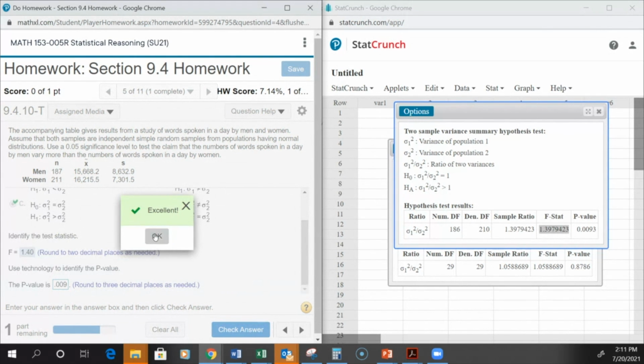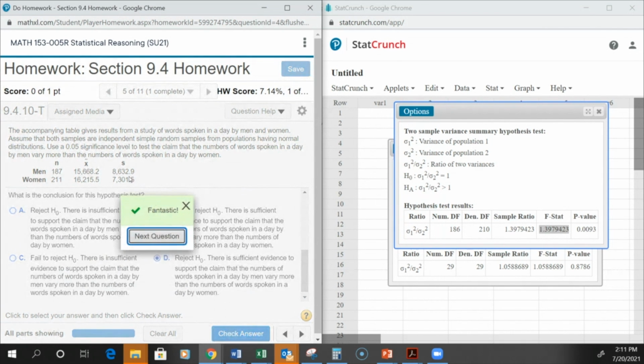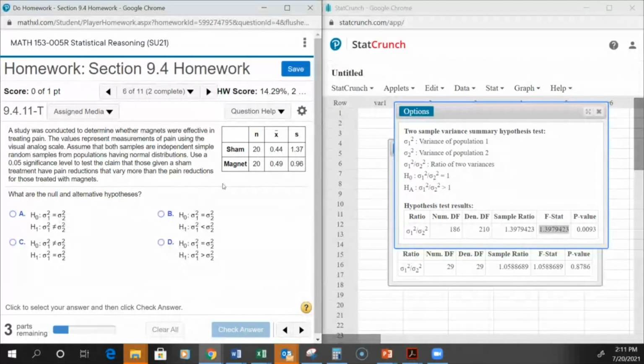Alpha is 0.05. It's definitely smaller, so we will reject. There is sufficient evidence. Reject always has sufficient in it. The number of words spoken in a day by men does vary more. And you say, well, yeah, 8,600, more than 7,300, but it might have been ordinary variation. You don't know. You have to check.